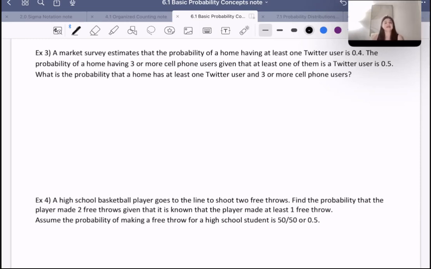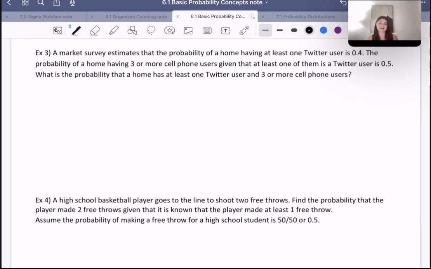So in this case, the implication is that if we have one person in a household who's a Twitter user, then that's going to make a difference. If we have 3 or more cell phone users in the house, then they're more likely to have at least one person use Twitter as well, because Twitter is something you can use on your cell phone.